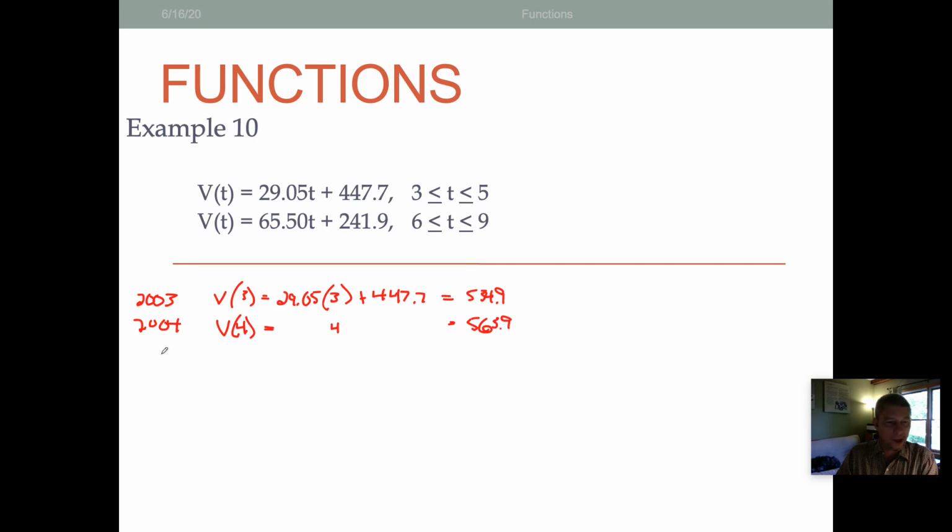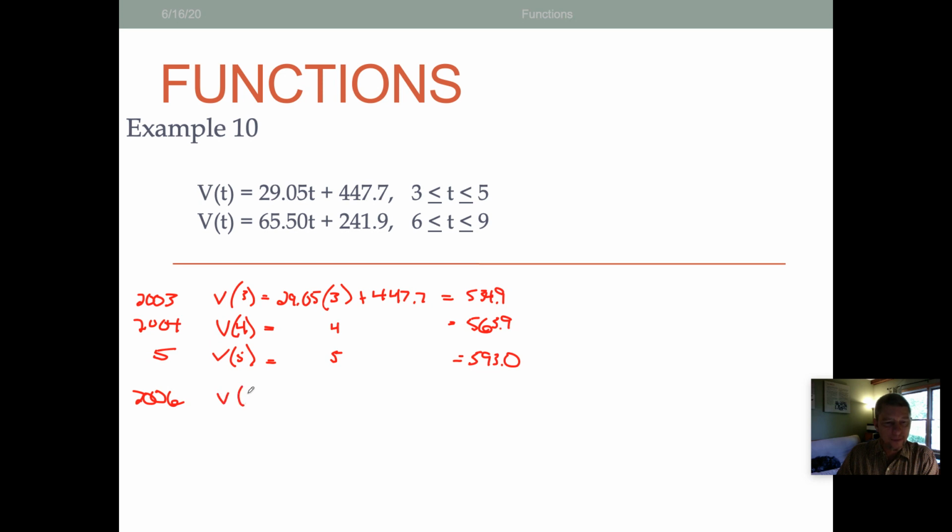In 2005, it's V of 5, and we're going to use the same equation, just plugging in a 5 instead of the 3 or the 4. And that's going to give us a grand total of 593,000.